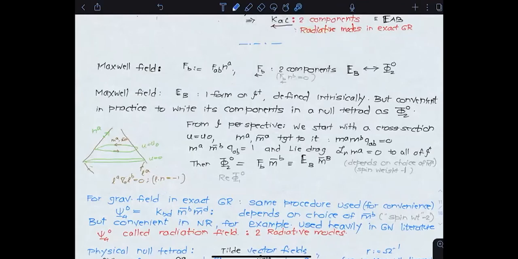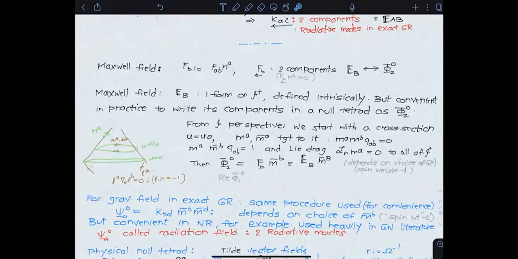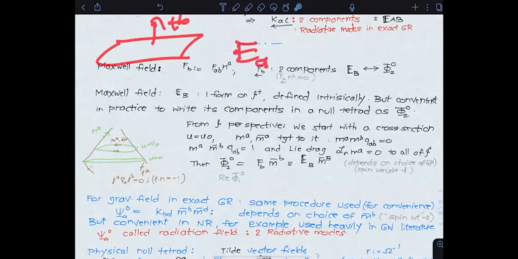Normally, if you take a space-like surface in Minkowski space, you get a time-like normal, and the usual electric field is given by FBA contracted with TB.